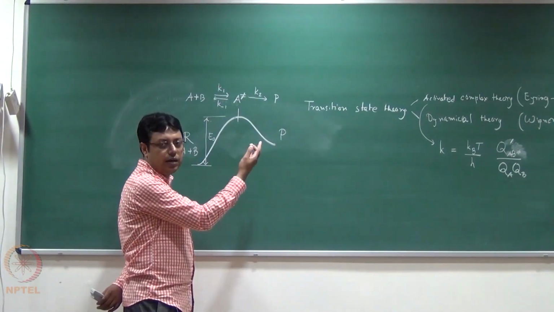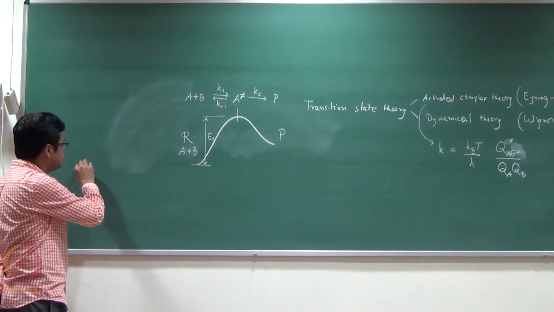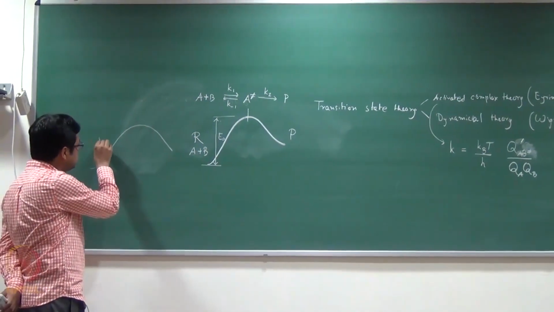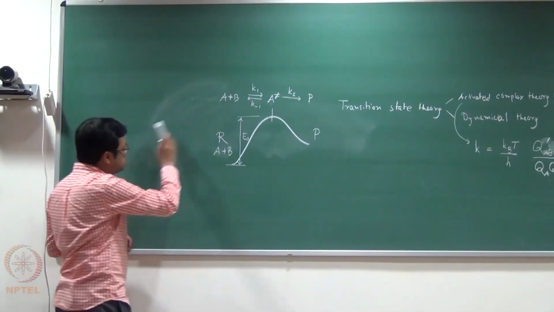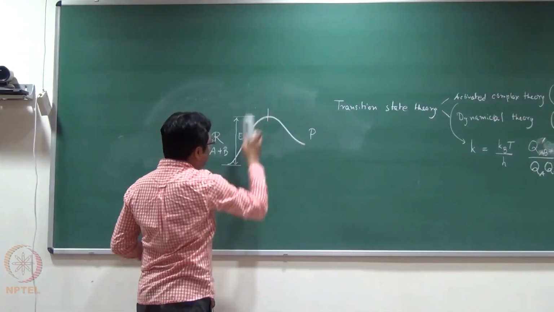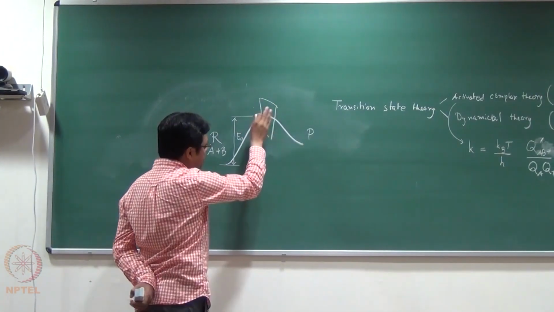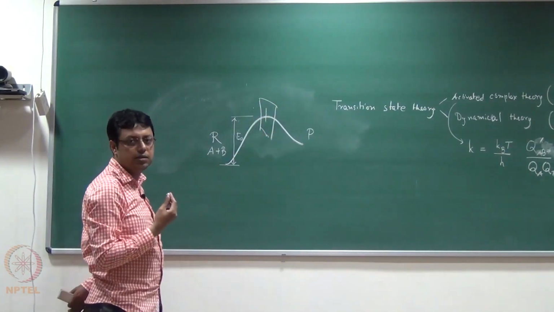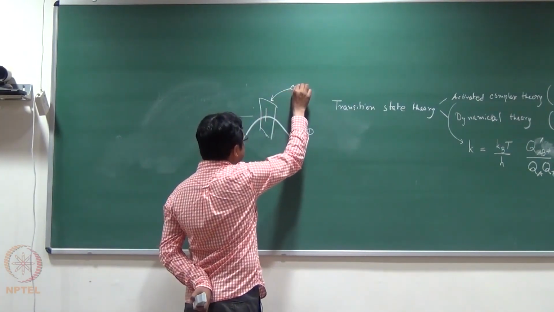In reality, it will be a multi-dimensional potential energy surface. What Wigner said is, let us visualize that I have two regions, a reactant region and a product region. I can use the same figure. And then there is some kind of surface lying close to the transition state region. This is called a critical surface.